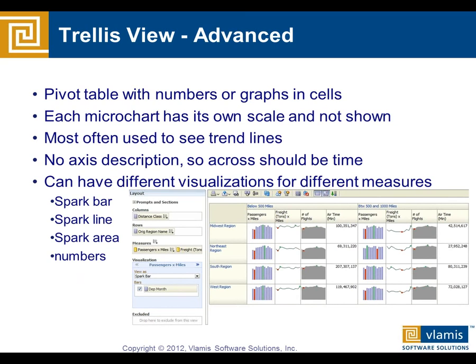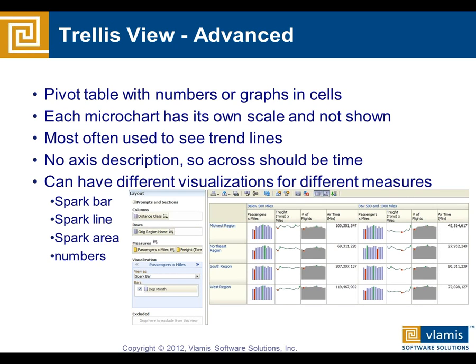So for instance, in here, when you see the airtime, the minutes is shown as a number here, and you can guess that the passenger times miles chart is going to have a very different value for South region versus Midwest region, yet it all shows with the different scales. Otherwise the bars would be absolutely tiny for some of these regions. This is used especially to show trend lines and how things vary over time.